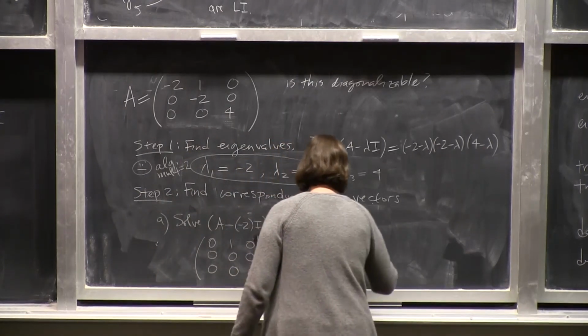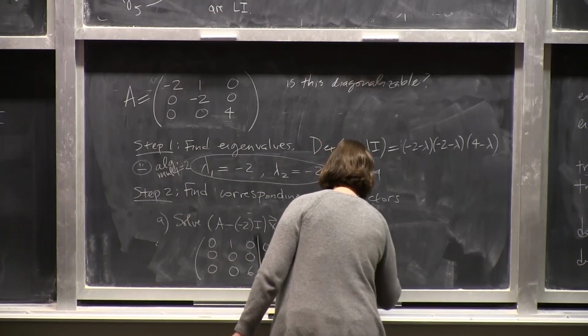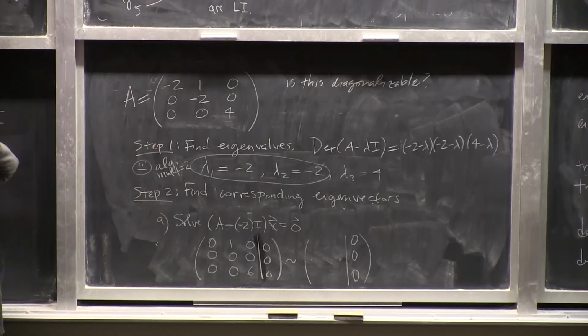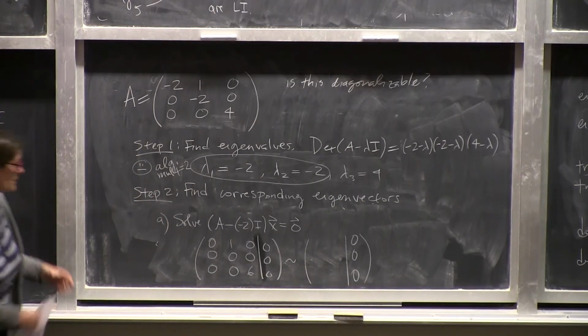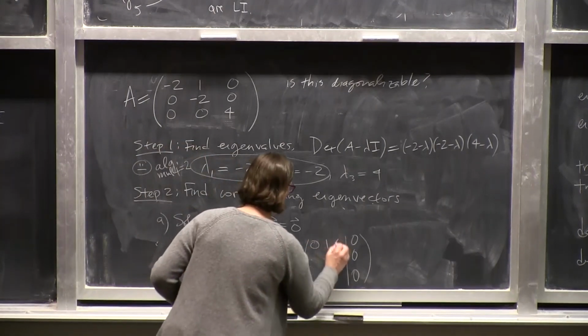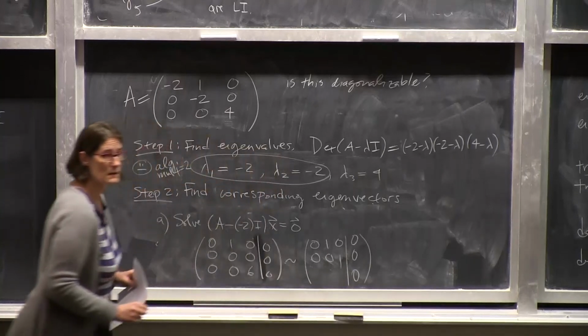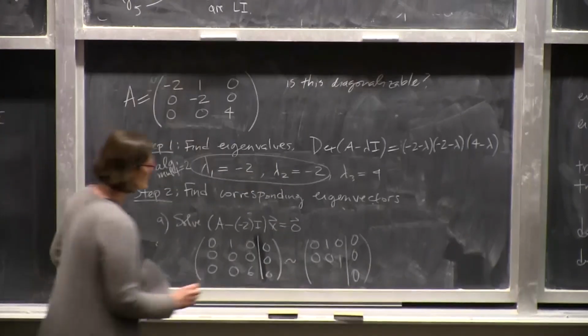So you're in really good shape because you've been studying hard. What's the reduced row echelon form? 0, 1, 0. 0, 0, 1. 0, 0, 0.